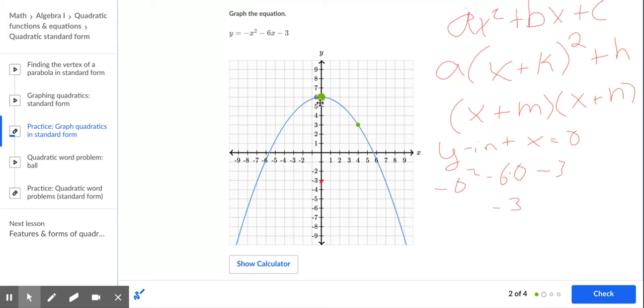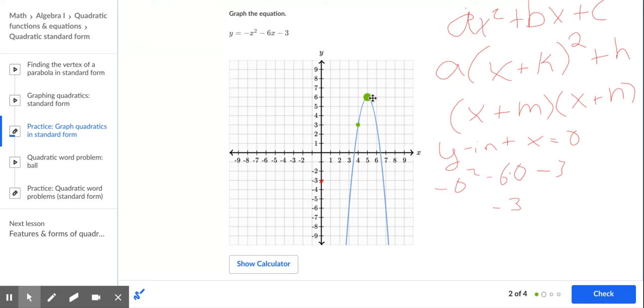This maximum is called the vertex. So when there's a negative in front, it's a maximum. When there's no negative in front, it's a minimum. It's still called the vertex. The vertex is a minimum if it's facing up, and it will be a maximum if it's facing down.